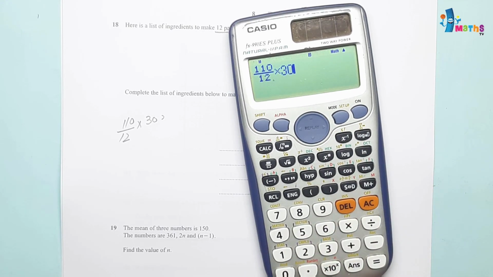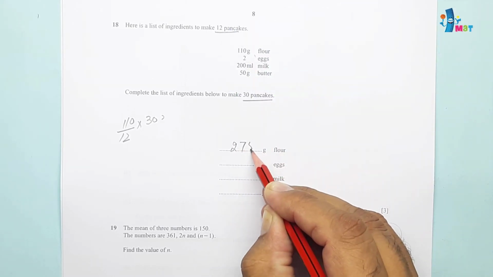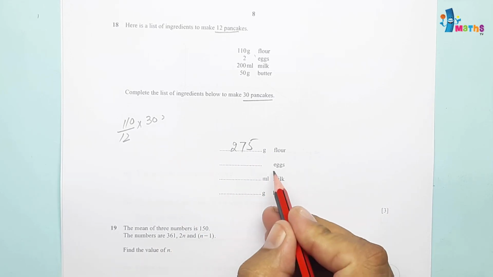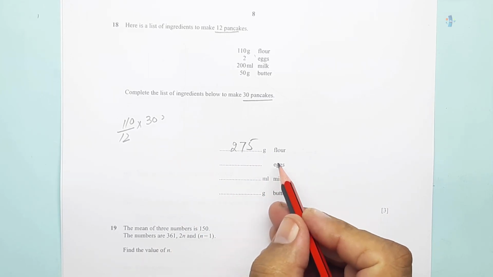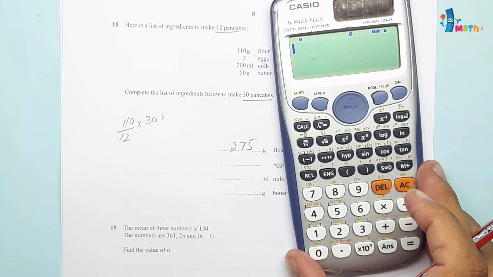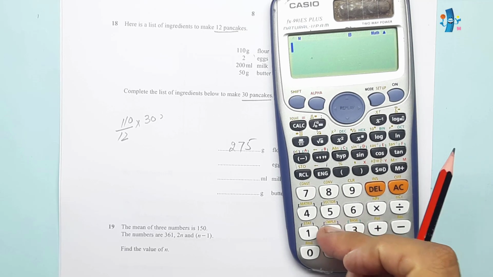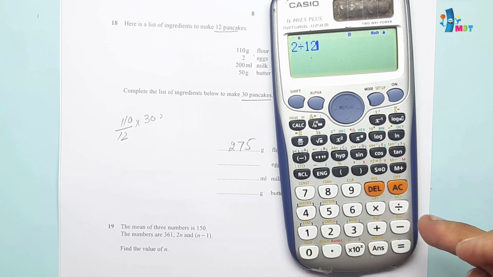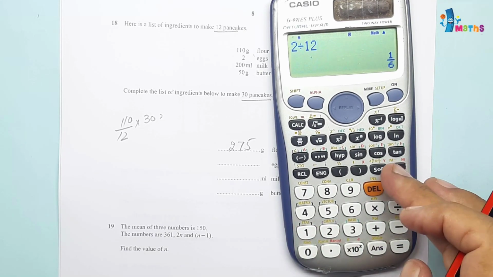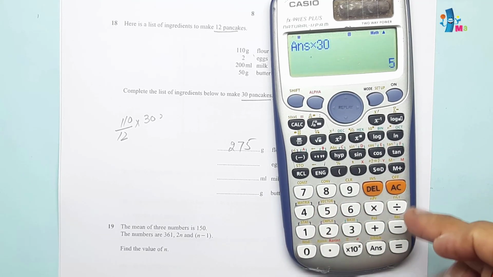So 110 divided by 12 multiplied by 30, this one equal to 275 grams. Then comes the next one, eggs. So for 12, 2 eggs for this one. So 2 divided by 12, we require 1 by 6, and multiply by 30, this will be 5.